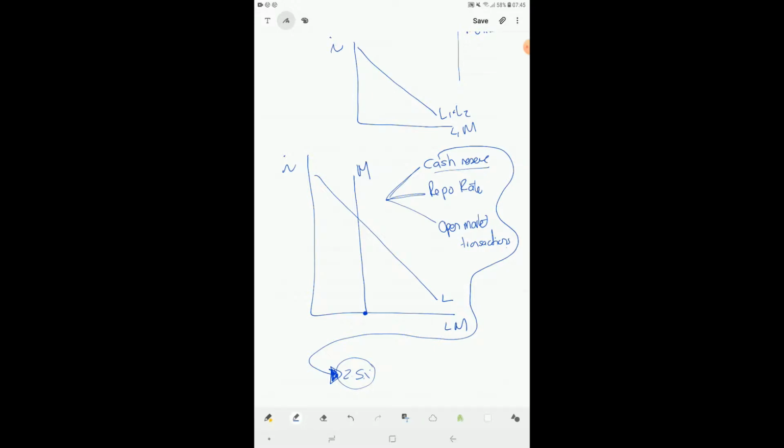So if the Reserve Bank increases the cash reserve to 5%, it means that there is less money available to lend out to other consumers. So if there is less money available, money supply will decrease. Now, if money supply decreases, what happens to the interest rate? It increases.